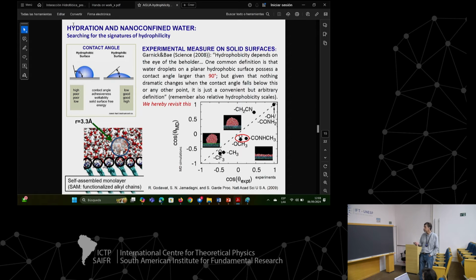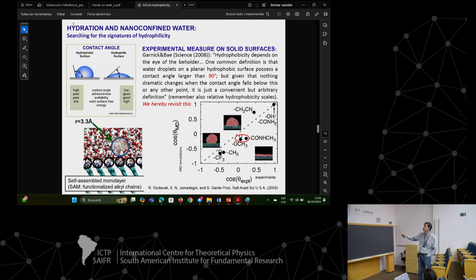Okay, this is what the group of Garde, who introduced the probability of cavity creation calculations I showed you before, did: molecular dynamics simulations of droplets above different kinds of self-assembled monolayers. These are very hydrophobic, for example, there's a methyl here.